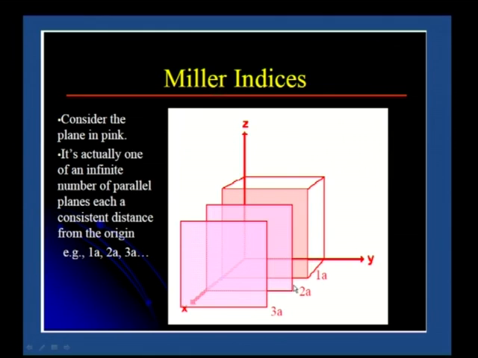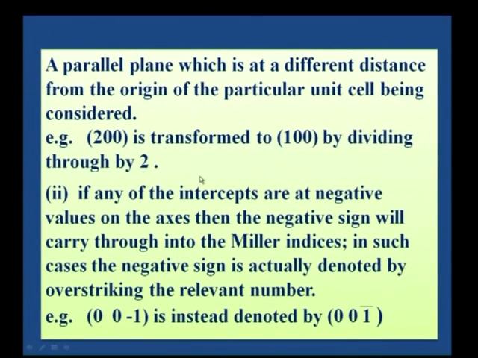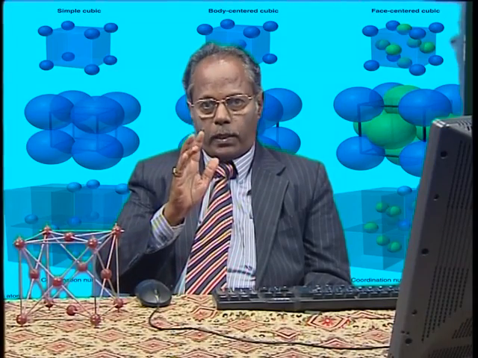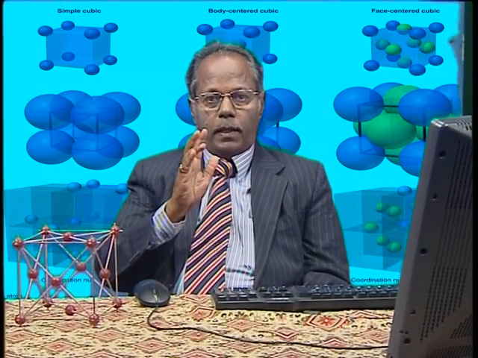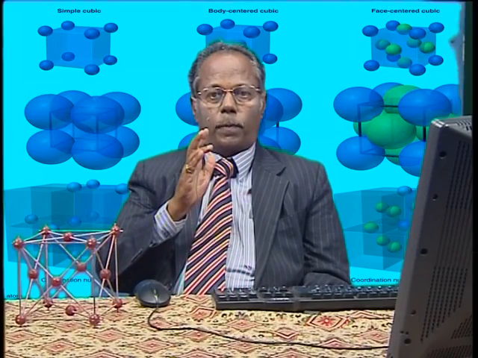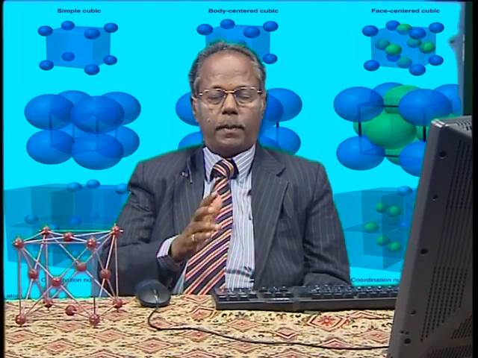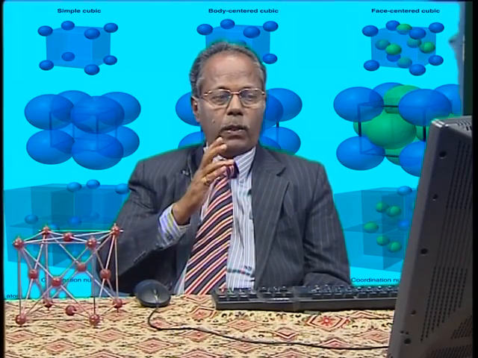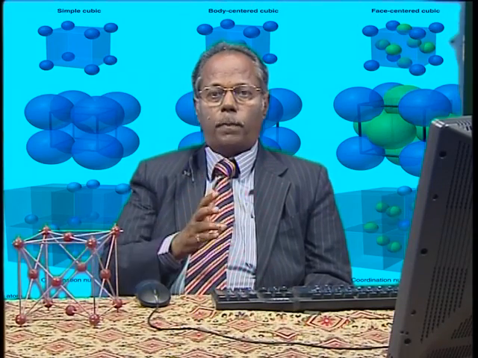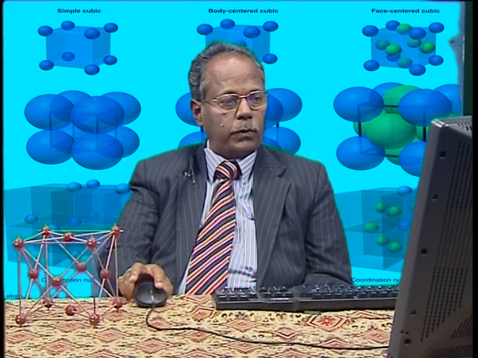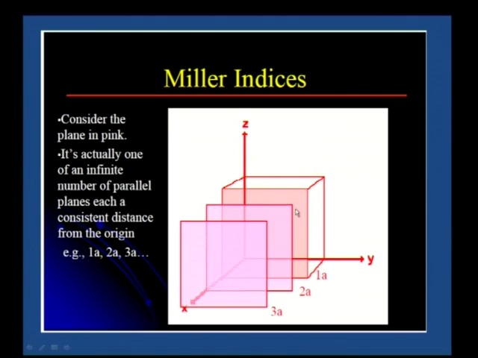Now, 2 0 0 and 3 0 0 are all parallel to the 1 0 0 plane, and so this 1 0 0 plane refers not only to a plane that cuts at 1 times a, it is also a plane that cuts at 2 times a and 3 times a, because it is a family of planes. So 1 0 0 refers not to a single plane, but to a family of planes. All the planes which are parallel to each other will be referred to as a 1 0 0 plane, a family of planes, because they are parallel.